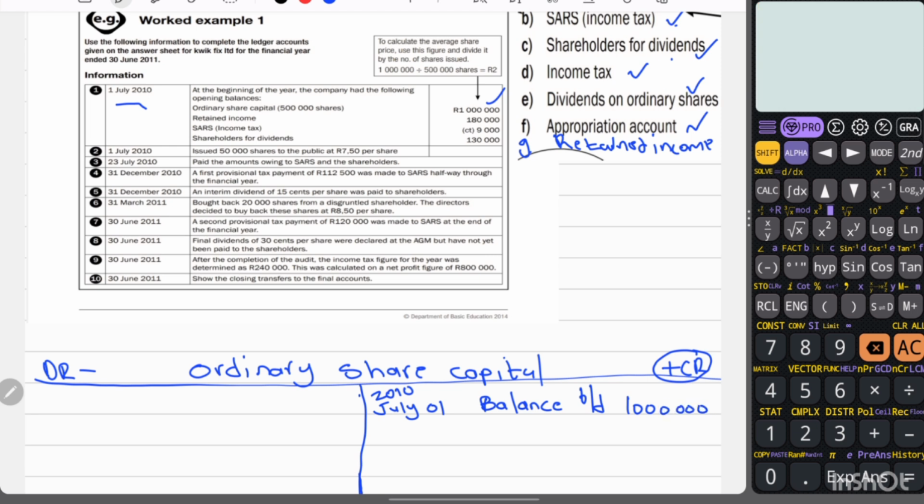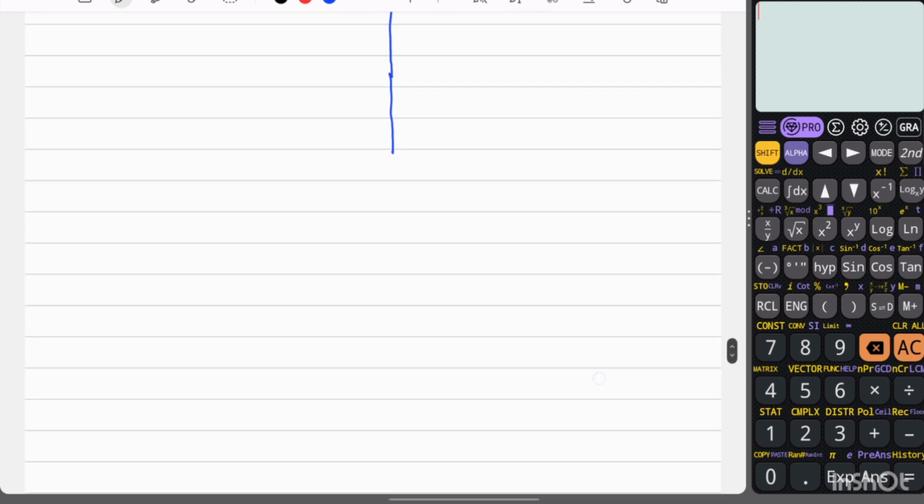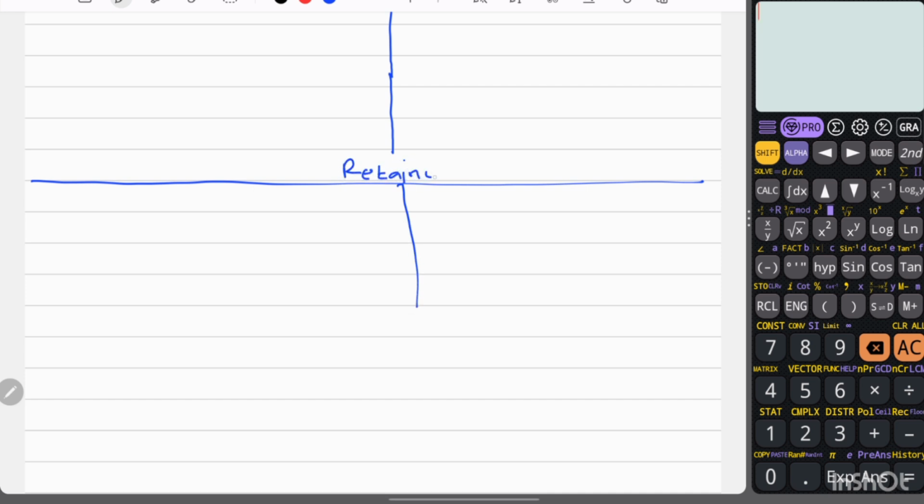All right, and then we are also given the number of shares that were issued at the beginning of the year. Here we also have our retained income balance at the beginning of the year. This is where I'm going to write now my retained income.